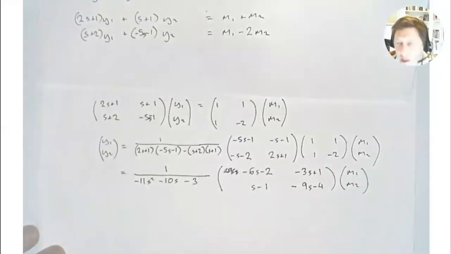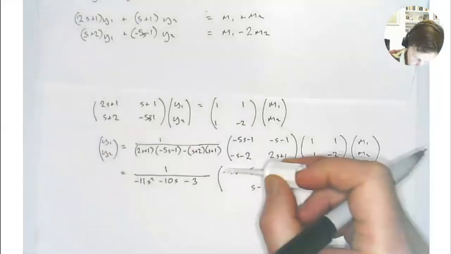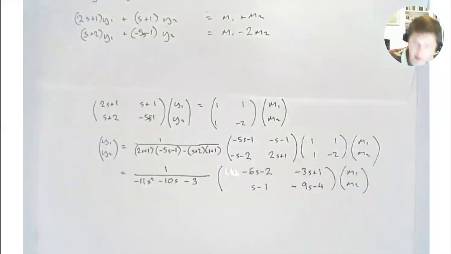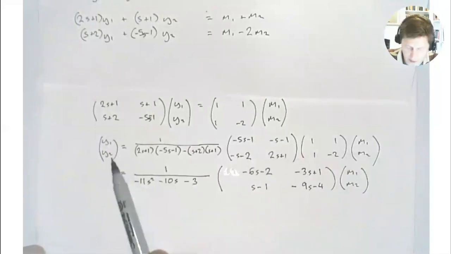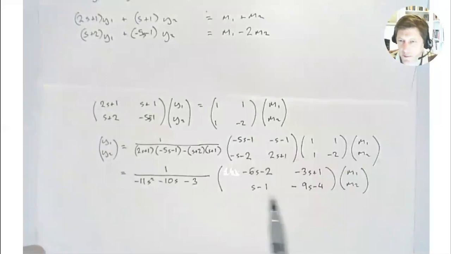Okay, so we can take our second order simultaneous differential equations, and by using the Laplace transform and by doing the matrix rearrangement, we can get ourselves an equation for y1, y2 as this linear equation in terms of m1 and m2 and our functions of s.